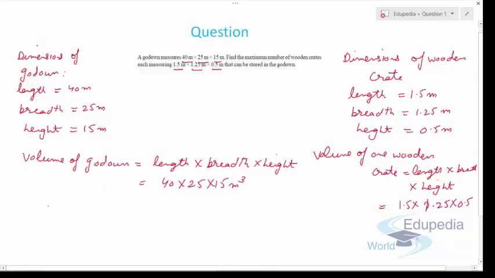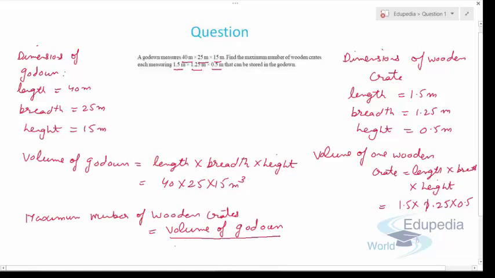Now the maximum number of wooden crates required will be volume of godown upon volume of one wooden crate.